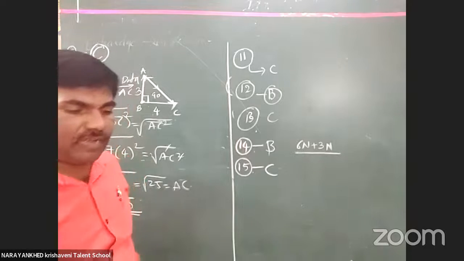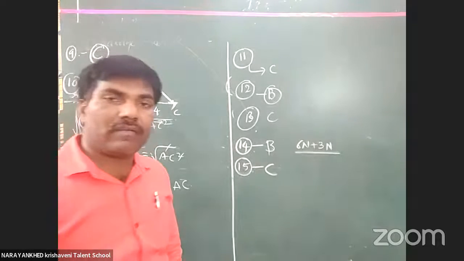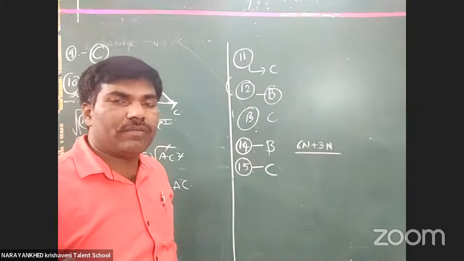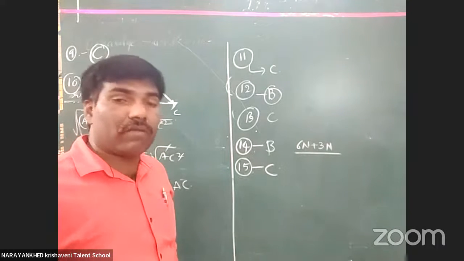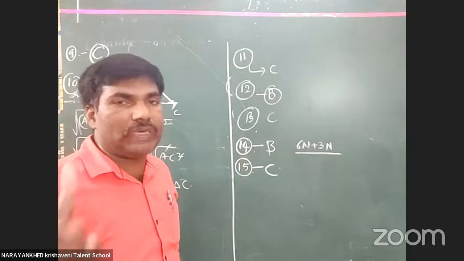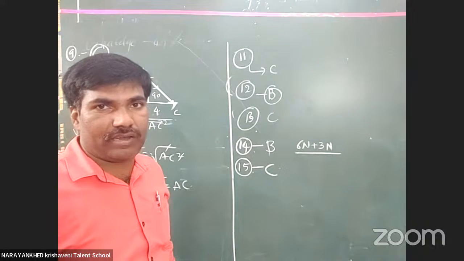All the students listen carefully. When they contain equal directions and equal magnitude, at that time only we call them equal vectors. Okay, clear or not?